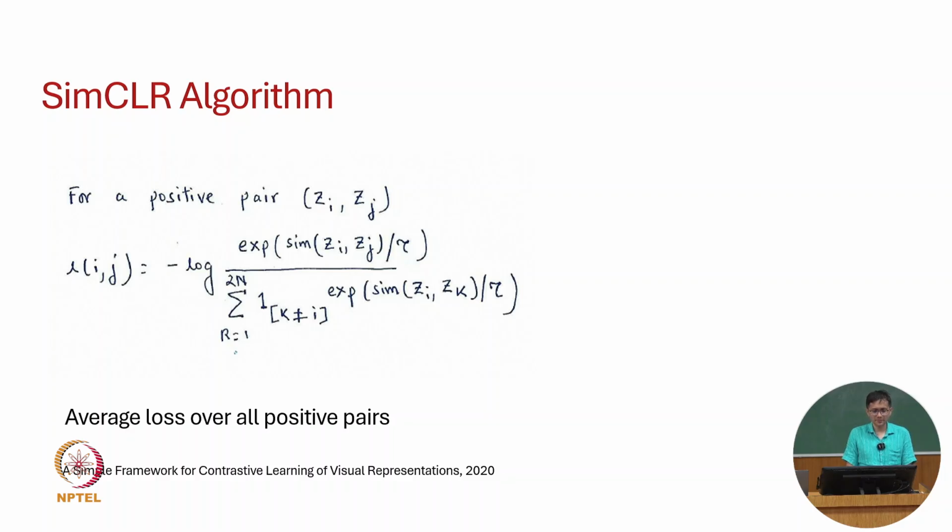So these are the positive pairs, and also in the denominator you see it's taking the similarities for all these 2N samples except the i sample itself.